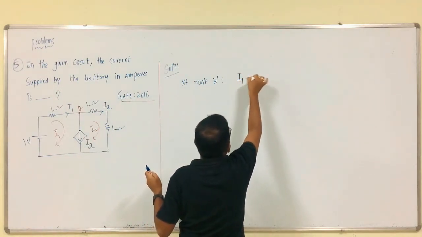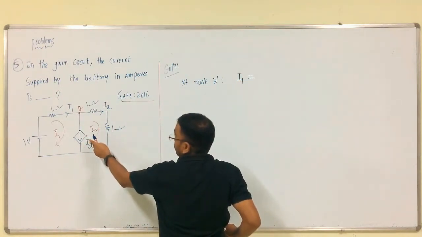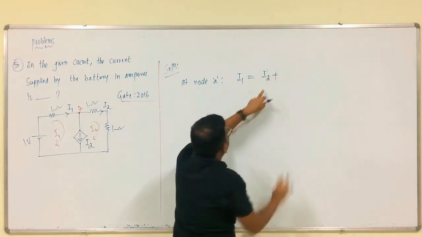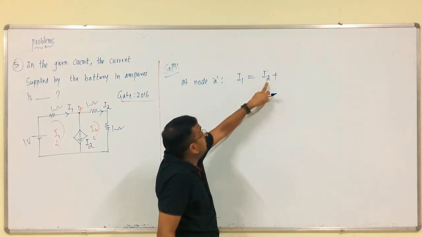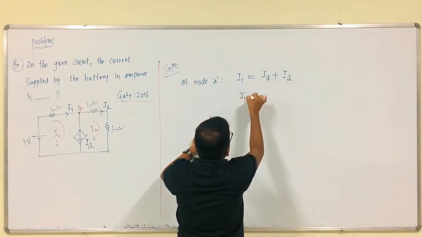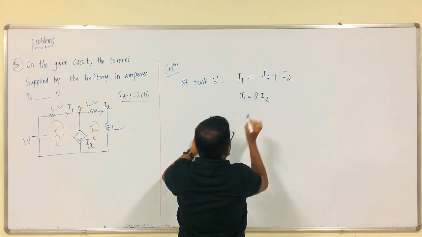Entering current is I1, leaving current is I2, and again the leaving current is I2. This is the value of the dependent current source, I2. So I1 is equal to I2.